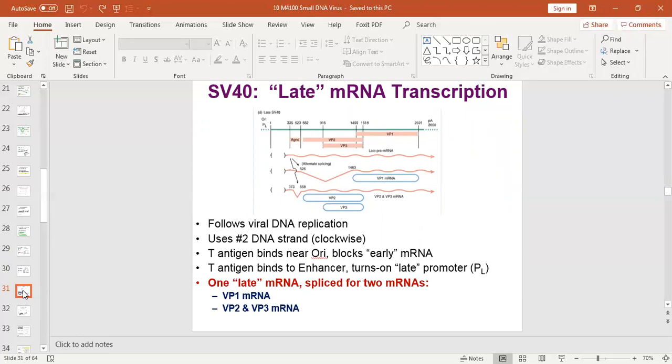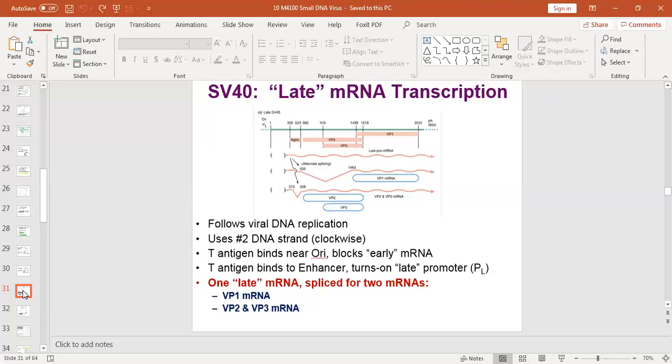It uses the second strand and reads clockwise, as opposed to early mRNA transcription, which used the first strand and read counterclockwise. For late mRNA transcription, large T antigen binds near the origin of replication, or ORI, and blocks early mRNA. Remember, a few slides back, I mentioned that large T antigen serves as a negative feedback for early mRNA.